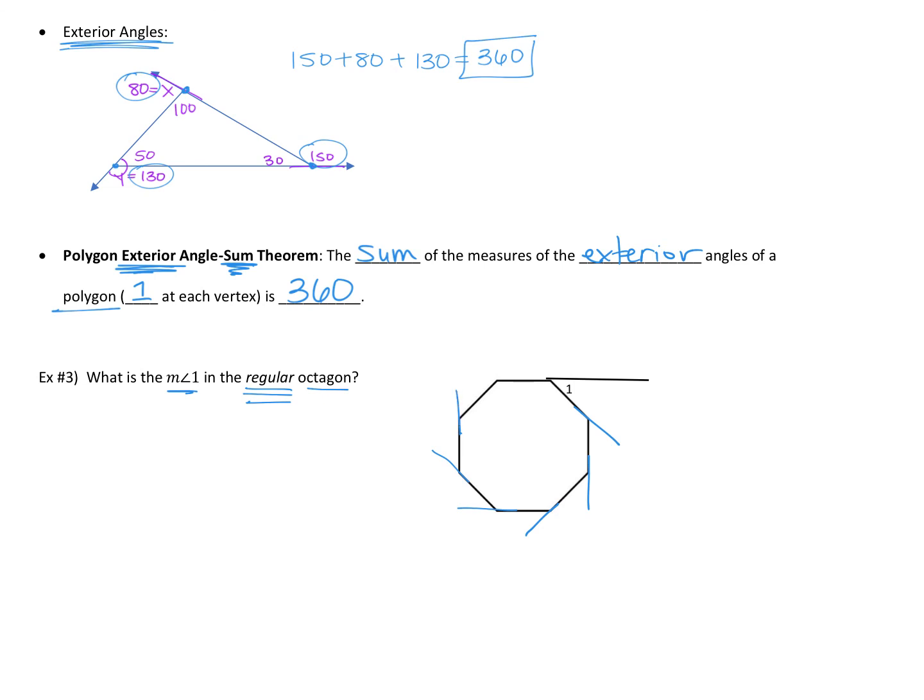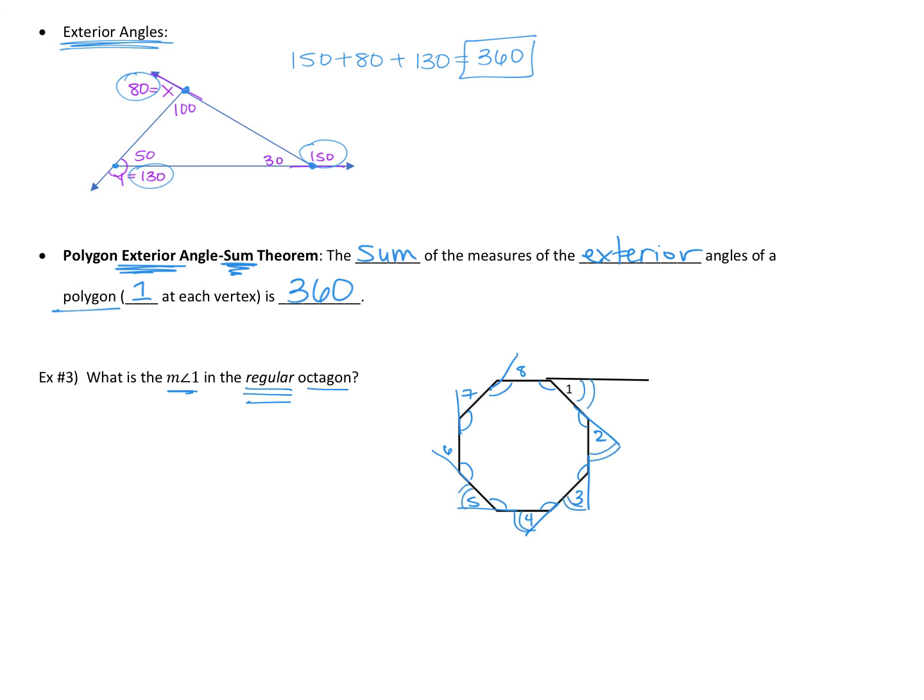There's 8, right? 1, 2, 3, 4, 5, 6, 7, and 8. If this is a regular octagon, every one of the interior angles is congruent. What does that mean about the exteriors then? They're also congruent. If they're going to make a linear pair, if they're going to add up to 180 with the angle next to it, they must all be the same.